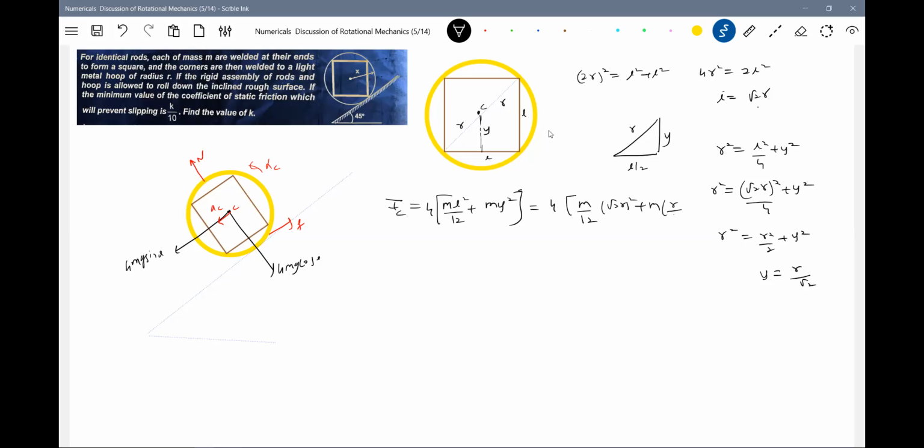I think this problem is all about only the calculation of the moment of inertia; the rest you can manage. The net moment of inertia of the system will be 8 MR square by 3.